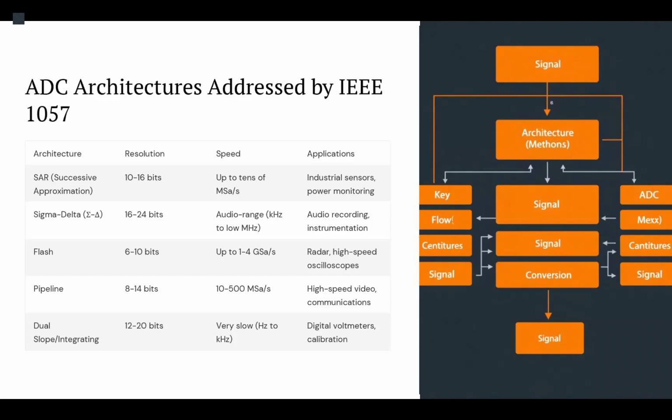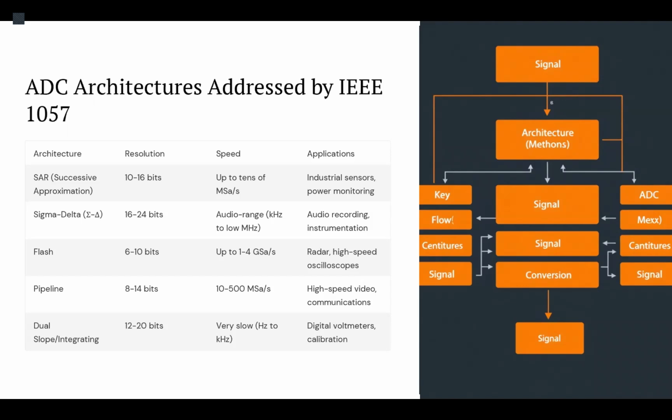On the other hand, Sigma Delta has a higher resolution, as you can see, 16 to 24 bits, but the speed is a trade-off. The speed is reduced to kilohertz or low megahertz. Because of the resolution, this one is good for audio recording or instrumentation.